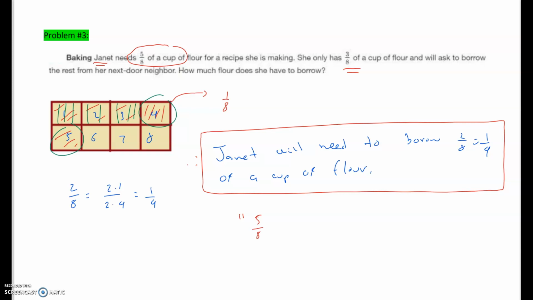So technically 5/8 minus 3/8. And then the general rule is you can only add or subtract fractions with the same denominator. So this is technically 5 minus 3 over 8, which represents 2 over 8, which happens to be the 1/4.